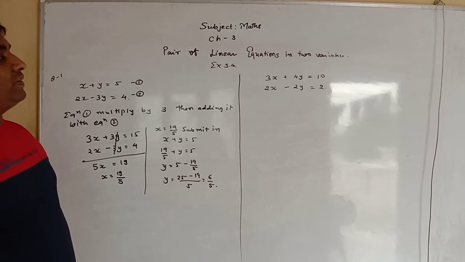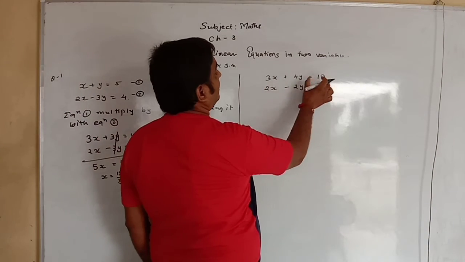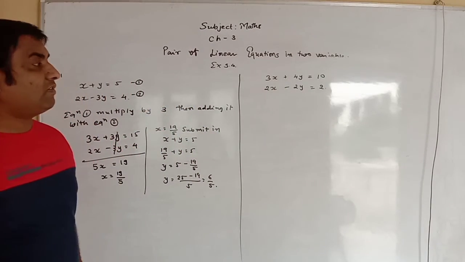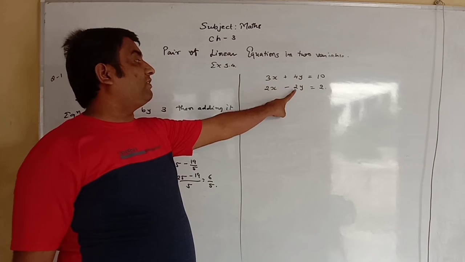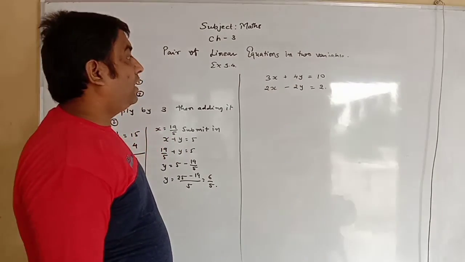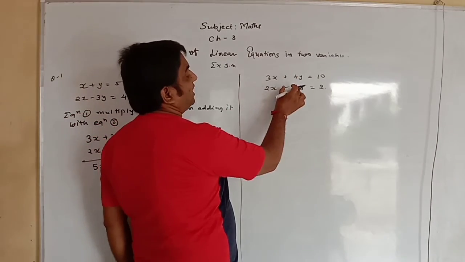Now question 2 we have 3x plus 4y equals 10, 2x minus 2y equals 2. So here also we will make the y variable equal, then equation 2 multiplied by 2, and both the equations have opposite signs, so we will add them.